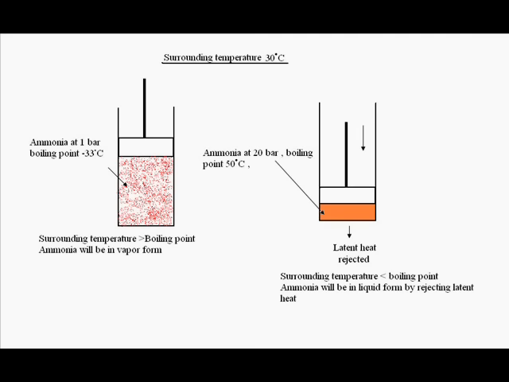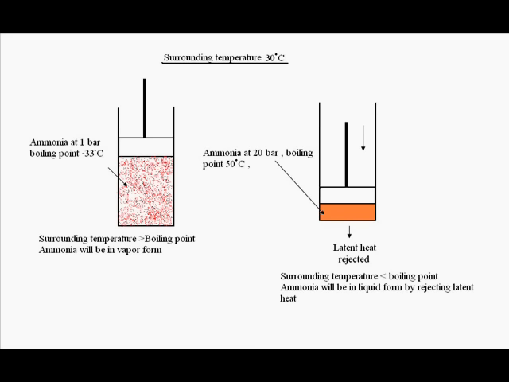Now suppose the piston is moved so as to compress the ammonia to 20 bar. At 20 bar, the boiling point of ammonia is 50 degree centigrade, which is greater than the surrounding temperature. So what will happen? Ammonia will condense to liquid, because we already discussed that in case the boiling point is more than the surrounding temperature, the vapor will condense.